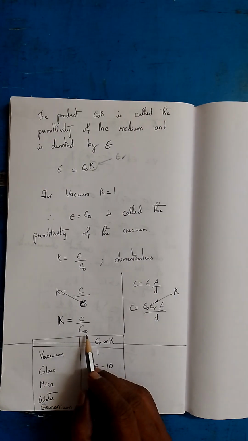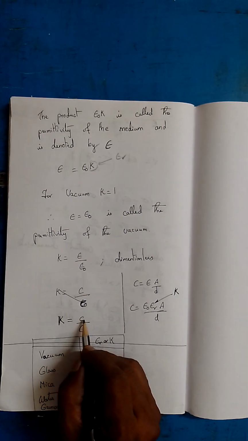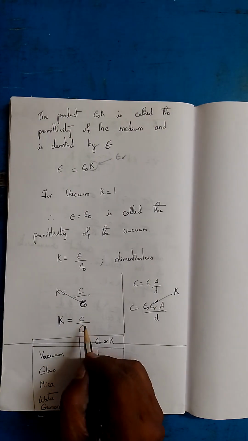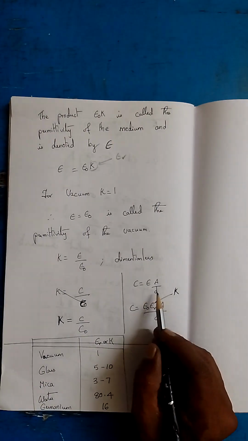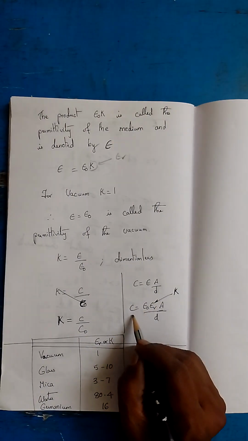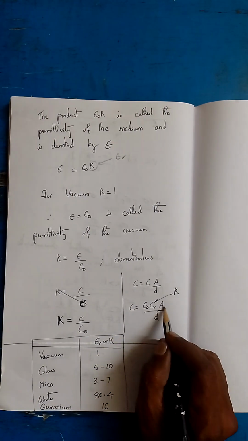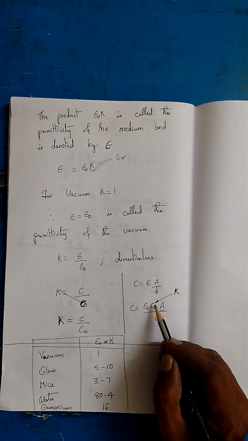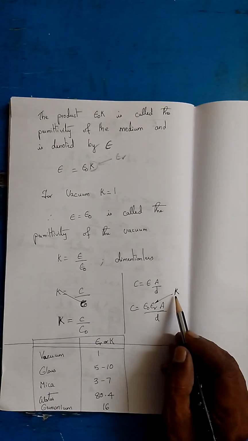This capacitance C naught is with respect to free space, whereas this capacitance C is due to some other dielectric in between the two plates. So C is equal to epsilon A by D, C is equal to epsilon naught epsilon R A by D. So in this presentation, epsilon R is represented as K.